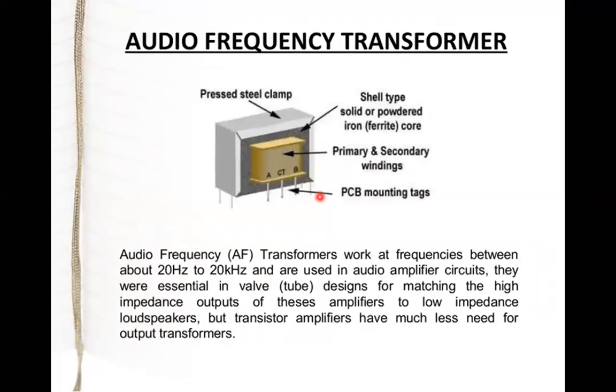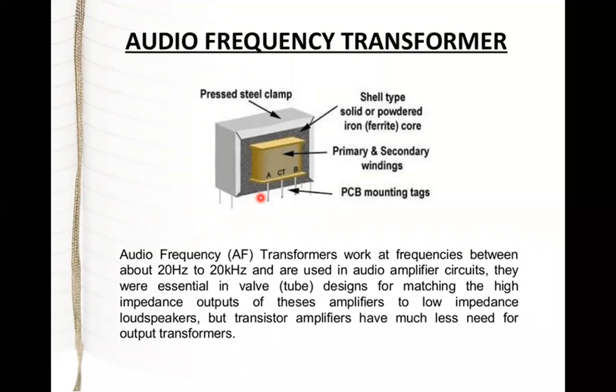The next is audio frequency transformers. Basically, we use these in many applications. Audio frequency transformers work at a frequency between 20 hertz and 20 kilohertz, which is the audible range, and are used in audio amplifier circuits.